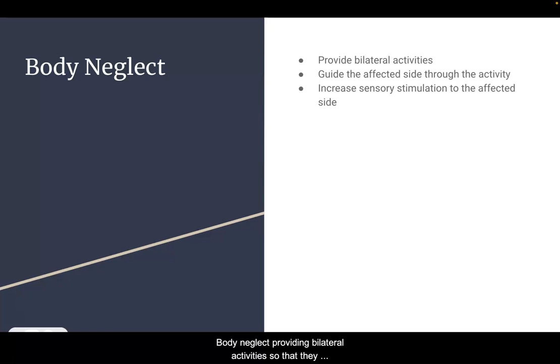Your body neglect, providing bilateral activities so that they have to incorporate their more impaired side. You might use, again, that hand-over-hand technique by guiding the affected side through the activity and perhaps increasing the sensory stimulation to that affected side, tapping or rubbing or some way to increase awareness.